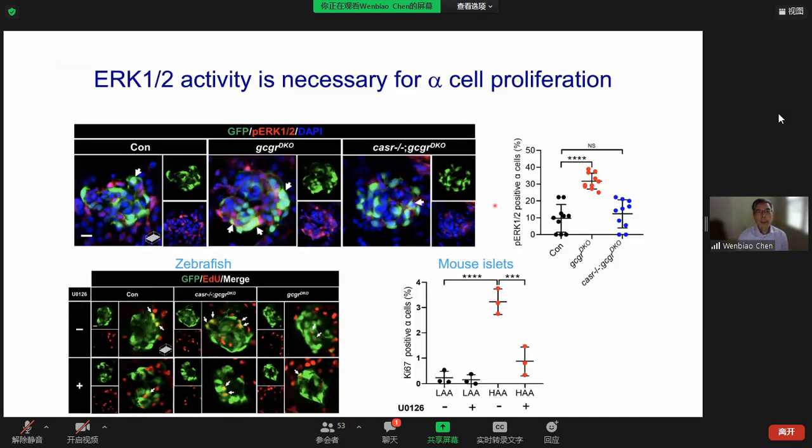So we know that Gq-mediated alpha cell proliferation is usually through the ERK kinase pathway. So we asked if that's also the case in alpha cell proliferation.